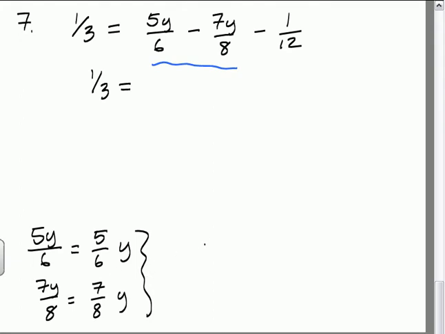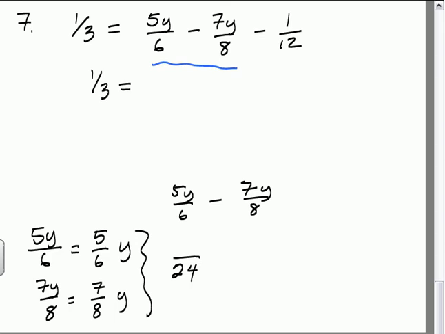So I'm still doing a little bit of work here on the side. I need to subtract those, so I need a common denominator, which would be 24. Let me write down where I am here: 5y over 6 minus 7y over 8.